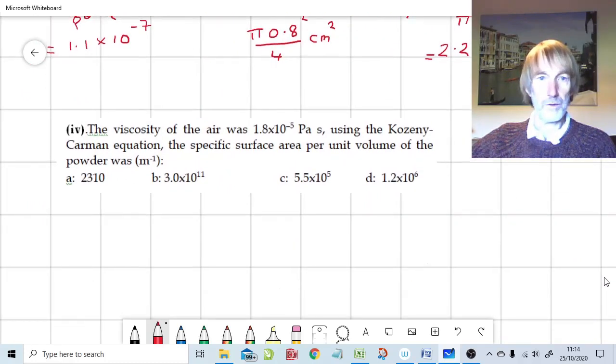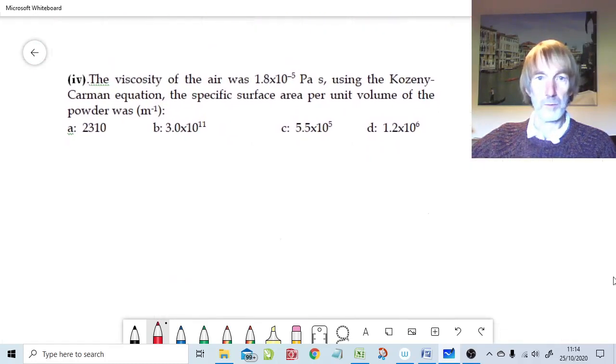calculation, which is going to be a little bit more complicated. So first off, we better get the Kozeny-Carman equation back. So the Kozeny-Carman equation is basically Darcy's law, but with the permeability expanded out. I won't bother with the minus sign again.